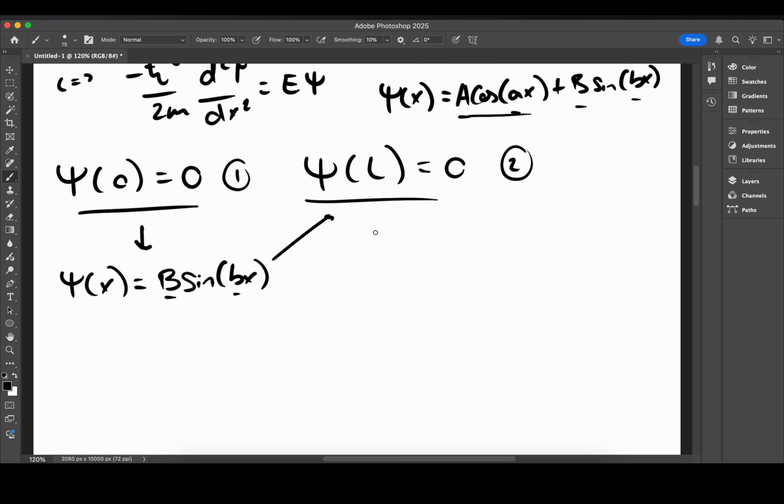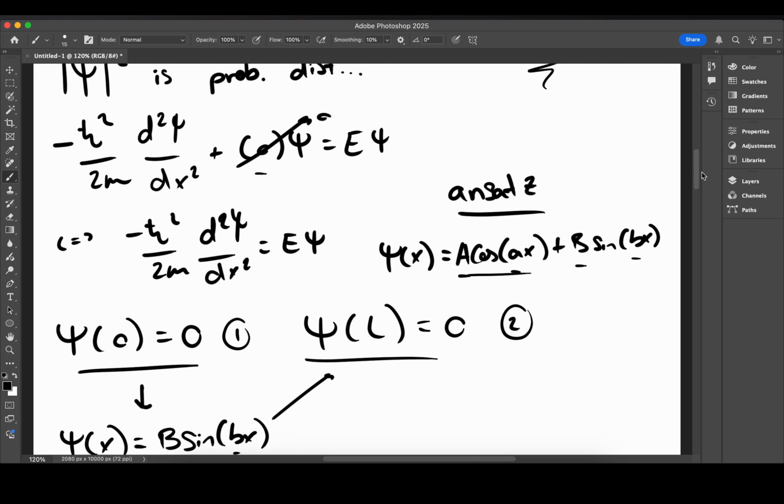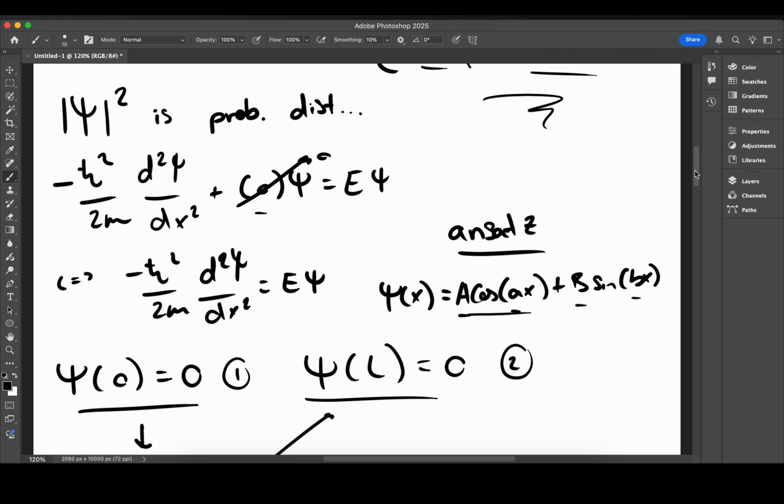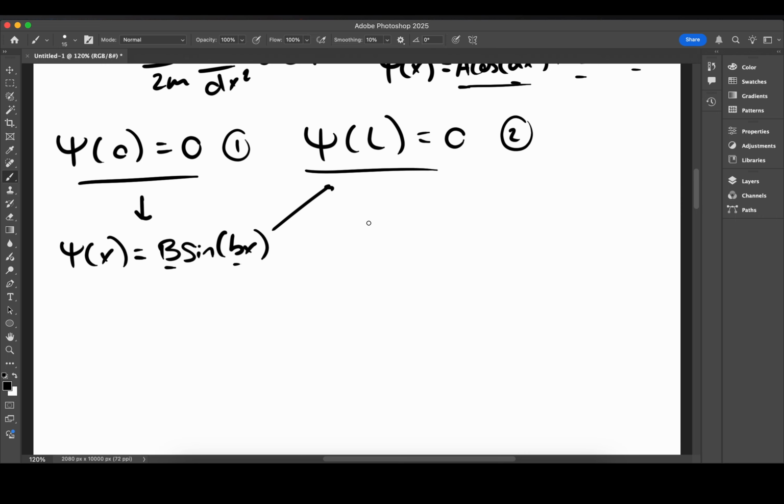Now we go to the second boundary condition. Psi of L is just 0, and we're saying that L is the end of our well. We have 0 is equal to b sine of bL. We don't want to restrict our solution by saying that b is 0, because then we get a trivial solution, and that's not interesting.